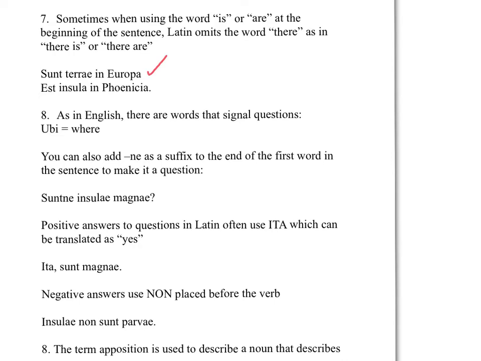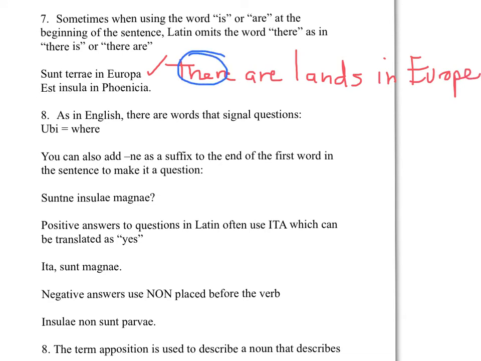That sentence says there are lands in Europe, or there are countries in Europe. But technically, it does not use the word in Latin for there. It really just says are lands in Europe.